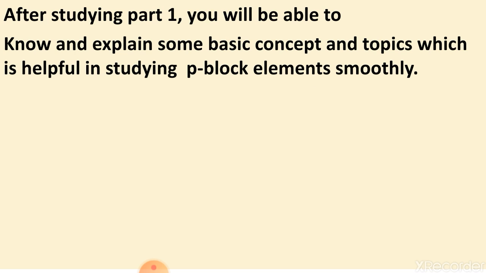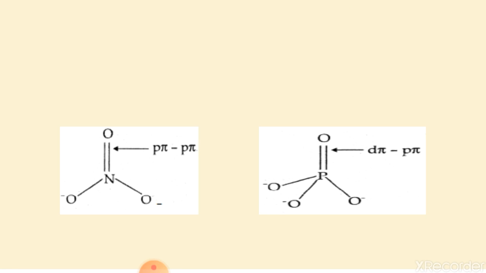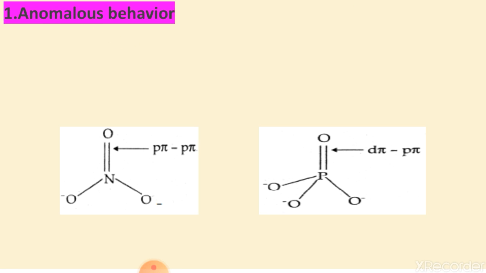So let us explain about the anomalous behavior. So now dear students, anomalous behavior, that is also known as abnormal behavior of the first element of each group in p block elements, is attributed to small size, large charge by radius ratio, high ionization enthalpy, high electronegativity, and absence of d orbital in its valence shell.